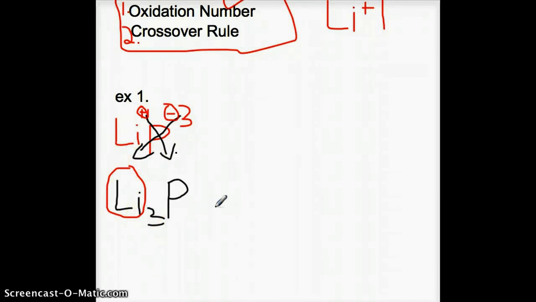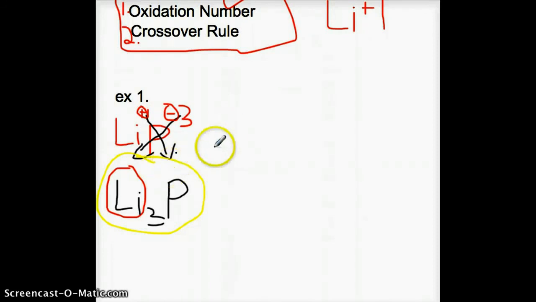Now that we've covered that, we will move on to writing out a chemical formula in words. Basically, we take a regular binary ionic compound, which we have right here, and writing out the name is very simple.